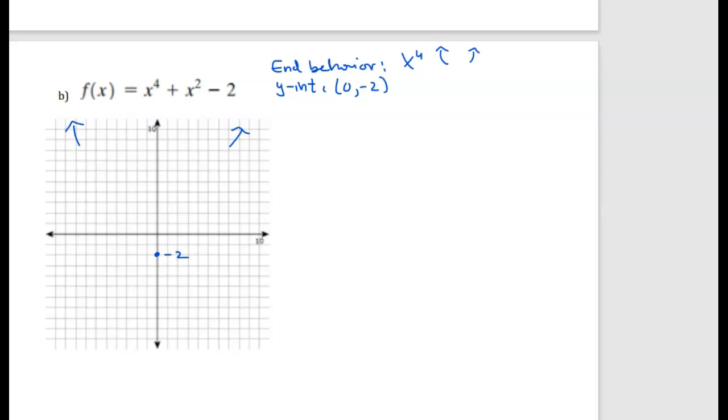Zeros. We have at most 4 zeros. We're going to look at sign changes. There's one sign change in the original function, so 1 positive real zero.